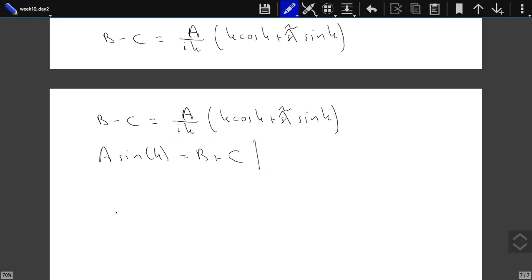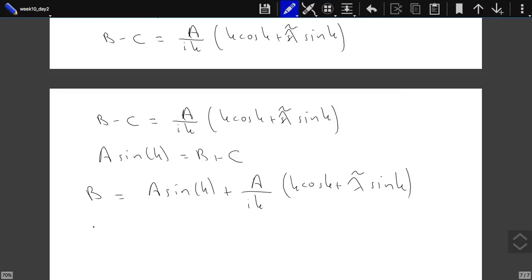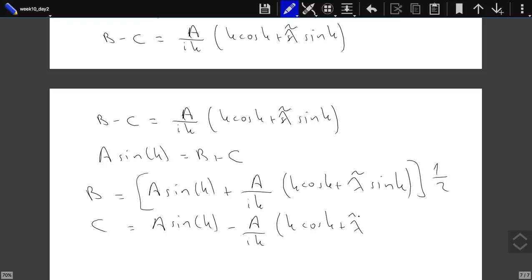So now we can just find b and c. b should be equal to one half times a sine k plus a over ik times k cosine k plus lambda tilde sine k, and c is equal to one half times a sine k minus a over ik times k cosine k plus lambda tilde sine k.